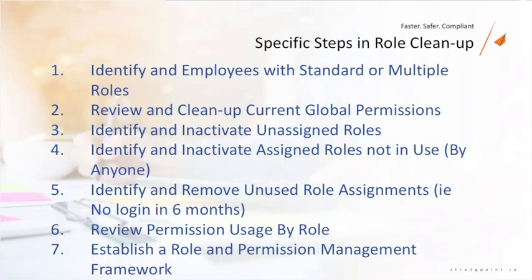And therefore, you want to get rid of it. So you can see what we're doing is we're getting narrower and narrower in our focus. Now we're down to looking at individual employees and whether they're actually logging in through a role or not. And if they're not logging into it, take it away. If they need it, they can ask for it back. It's incredibly likely if somebody hasn't logged in with the role in 6 months that they're going to need to log back in. And if they do, they probably should get permission to do so. So this helps you identify those so you can go through and remove that access.